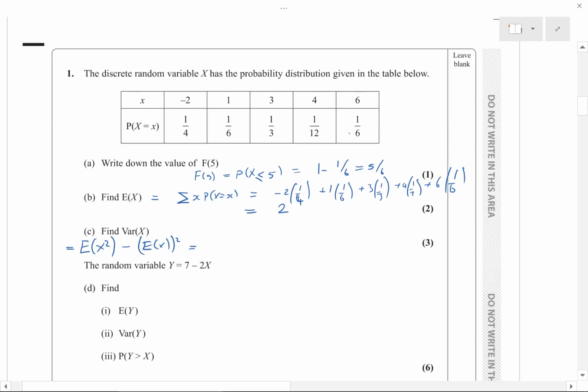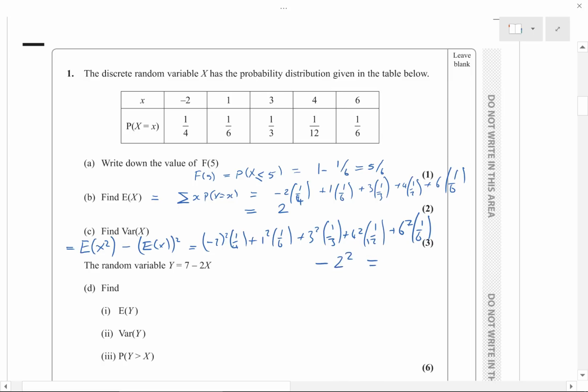So that basically is minus 2 squared times a quarter plus 1 squared times 1/6 plus 3 squared times 1/3 plus 4 squared times 1/12 plus 6 squared times 1/6, minus the mean squared, which is 2 squared.